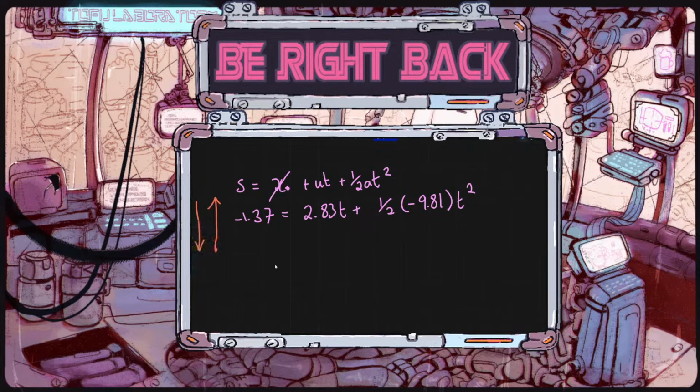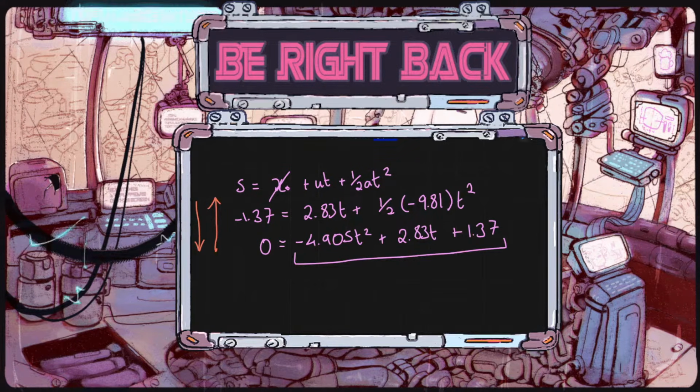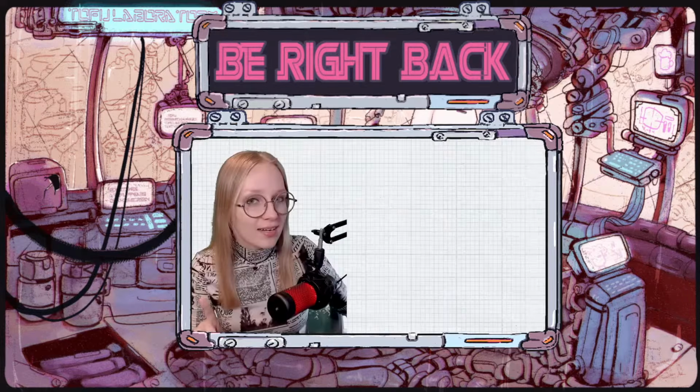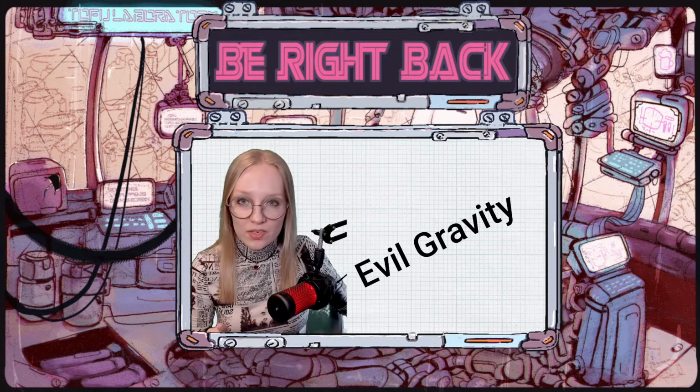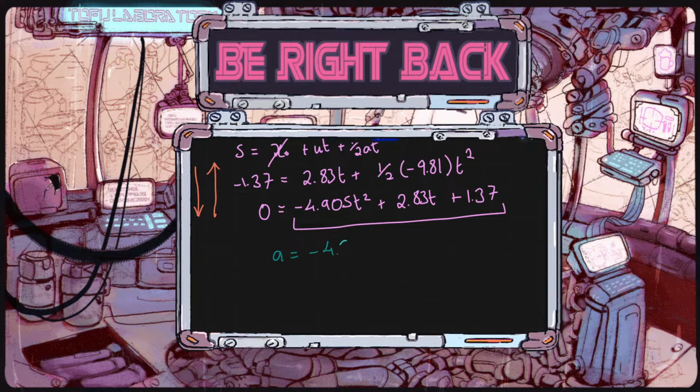We determined that roughly the height difference was 1.37 meters, but remember it has to be a negative. And also remember that when substituting for gravity, you have to make it minus 9.81 meters per second squared, because gravity is acting against us. We then get ourselves into a quadratic equation and we use the minus b formula. We know what the a component, b component, and c component is.